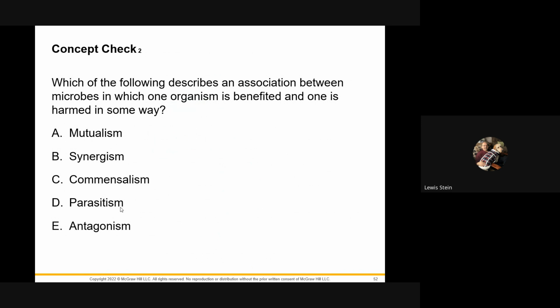Typically, the implication of parasitic infection is that it's a eukaryotic pathogen. So that could be anything from a worm, fungus, or yeast infection. Protozoan, probably the classic one of these again, malaria.